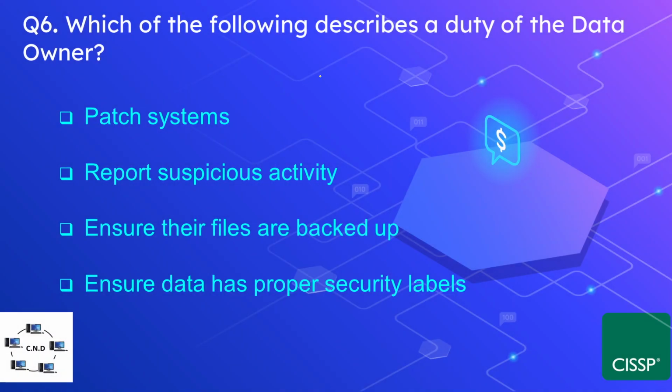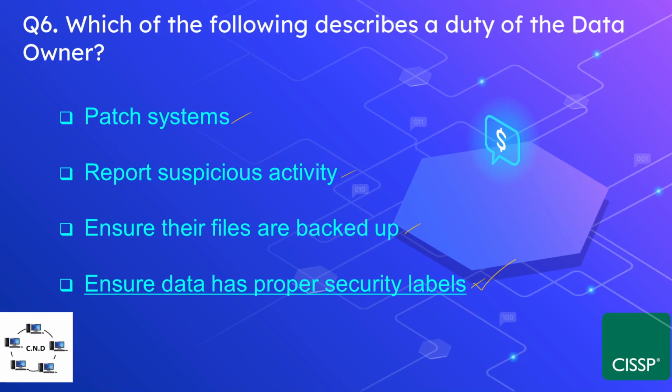Question number 6 is: which of the following describes a duty of the data owner? The options are patch systems, report suspicious activity, ensure their files are backed up, and ensure data has proper security labels. And the correct answer is ensure that the data has proper security labels.